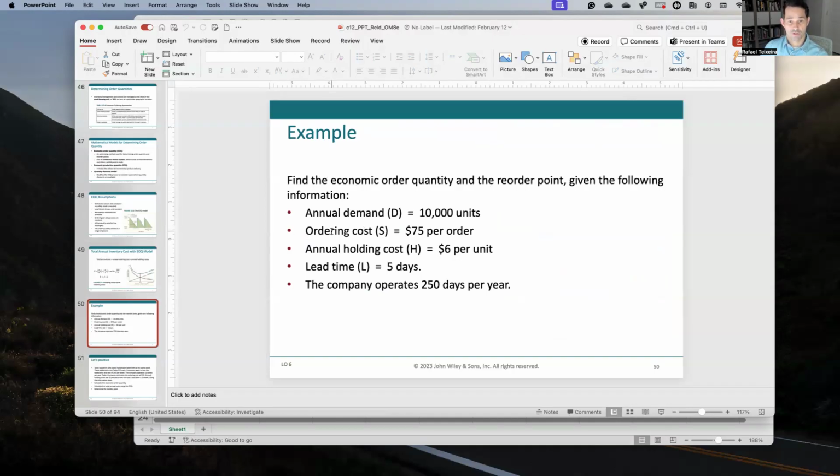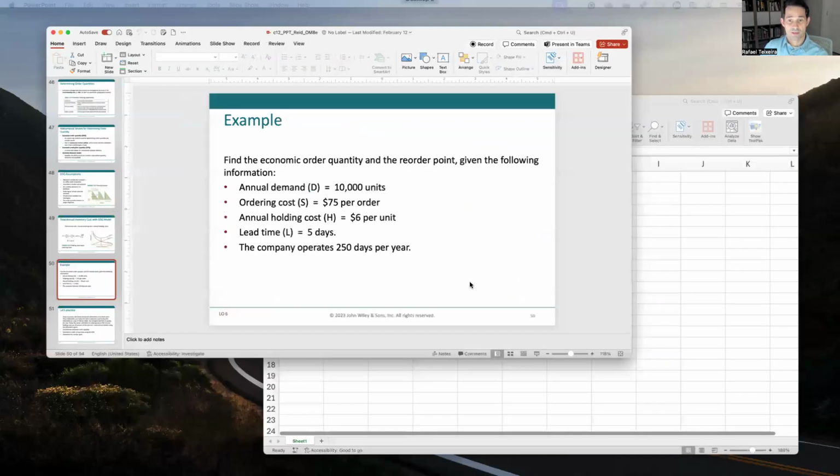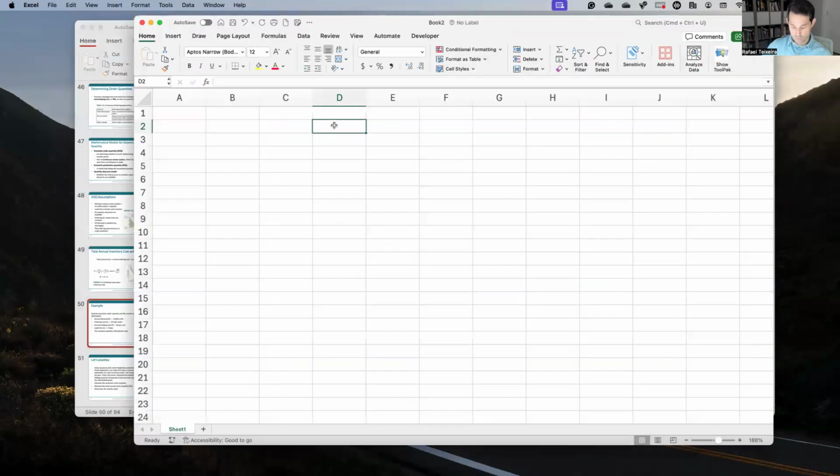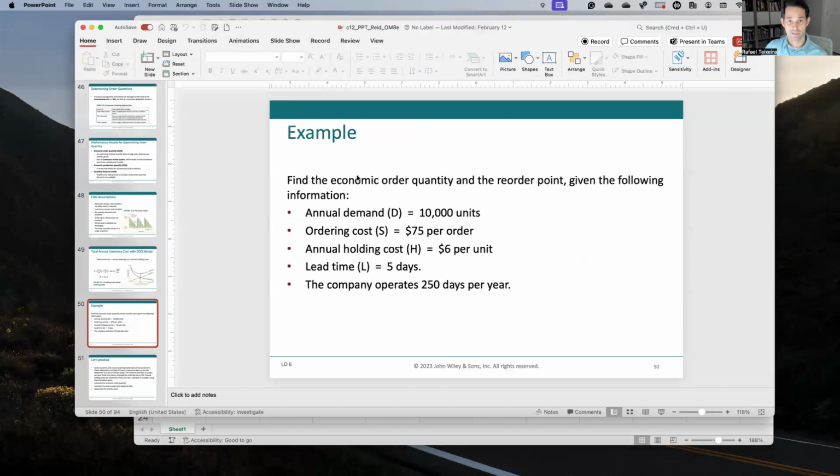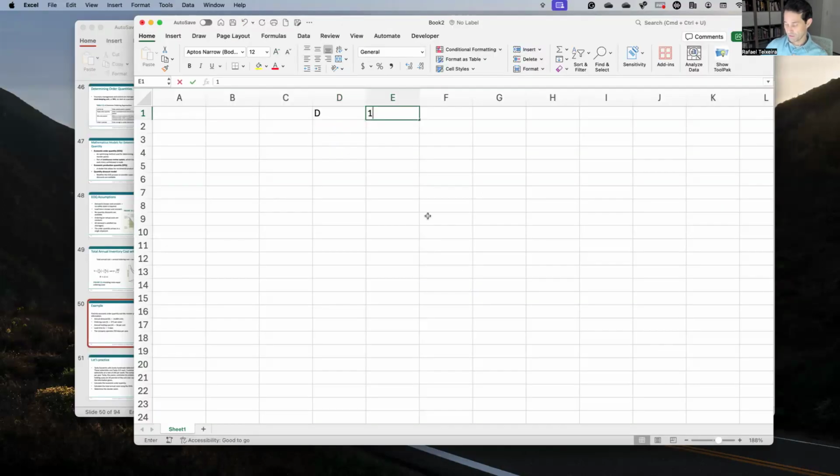So we have information here. Let me take note about this information, let me go here to Excel. We have our D, which is 10,000 units per year. The ordering cost, the cost to place an order, is 75 dollars per order.